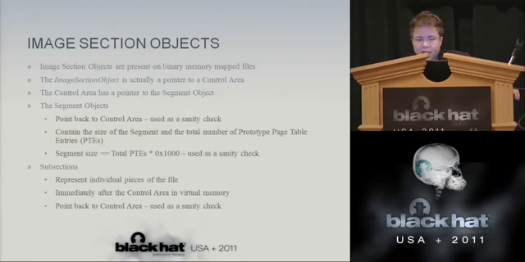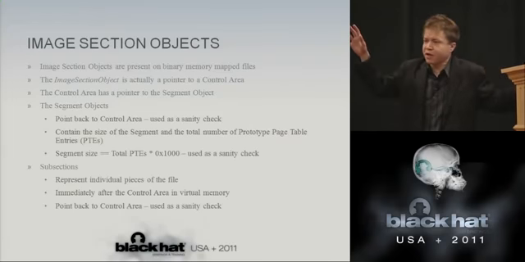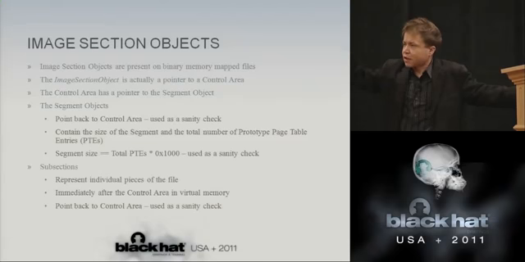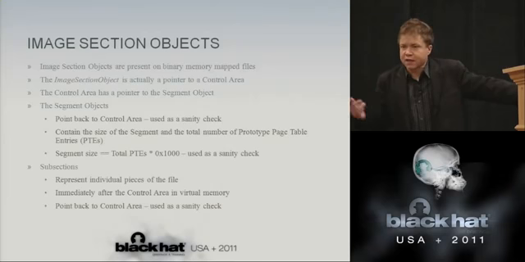Then the next thing that's of particular interest to us are what's called subsections. So how many people here have opened a PE file in Lord PE or PE view or something like that? You've seen the different sections in the file. So those different sections within the file might be the .text section or the .data section, .resource section, different things like that.